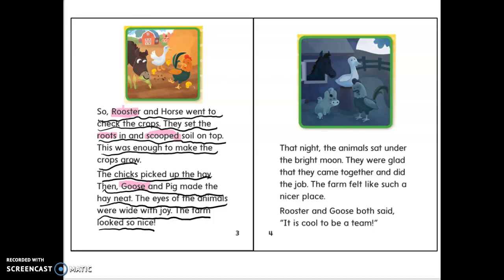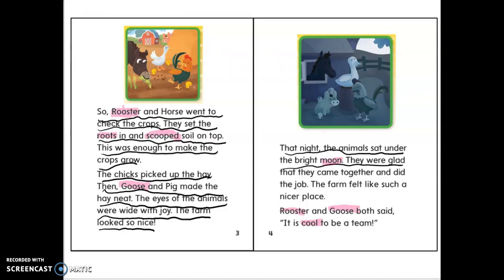Okay, last page, let's find our ooh sound. We have moon, ooh, ooh, and rooster, and goose, and cool. Ready? Read. That night the animals sat under the bright moon.